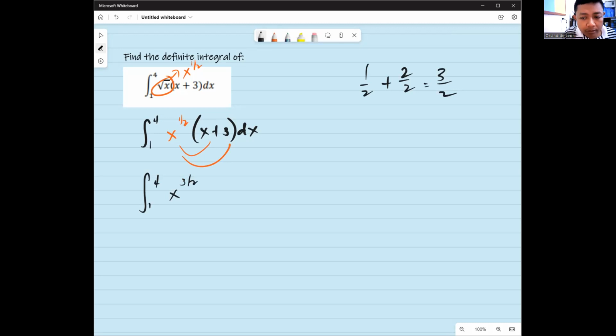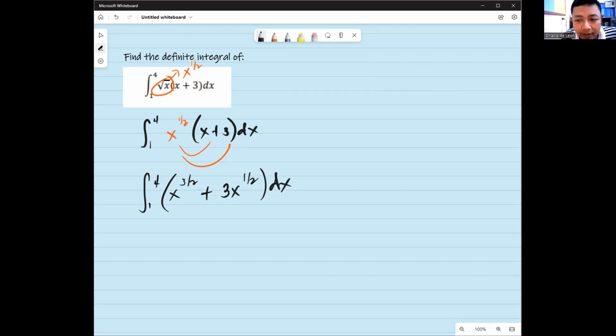I hope you were able to follow. Plus that one will become 3x raised to 1/2 dx. Show me a reaction if that process is clear to you. Yes, distribute first. Correct. Very good.